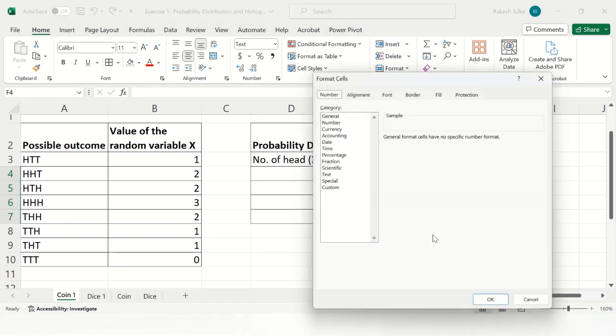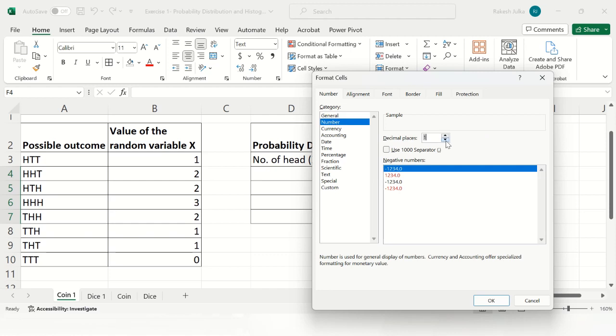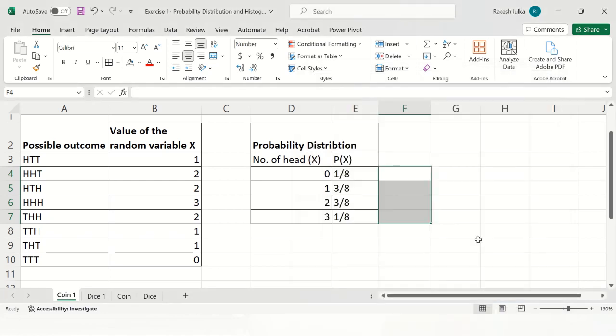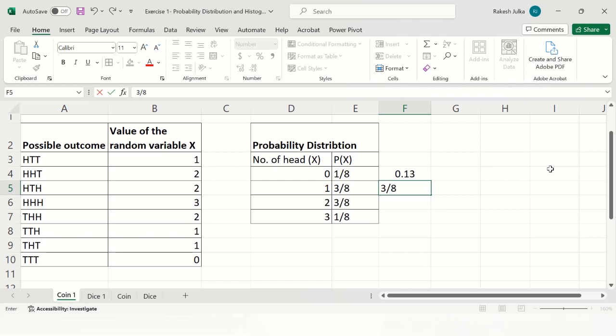So right click, format cells, numbers, 0 decimal places, or we can have the default. Let's see, here I write 1 divided by 8, then we have 3 by 8, again 3 by 8, then 1 by 8.